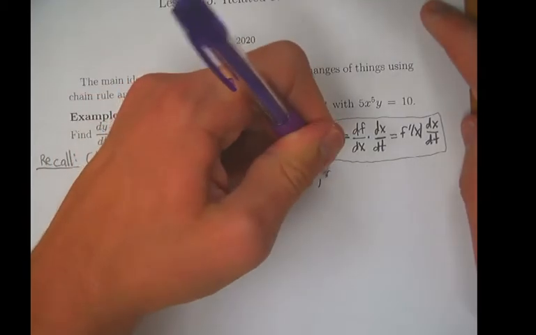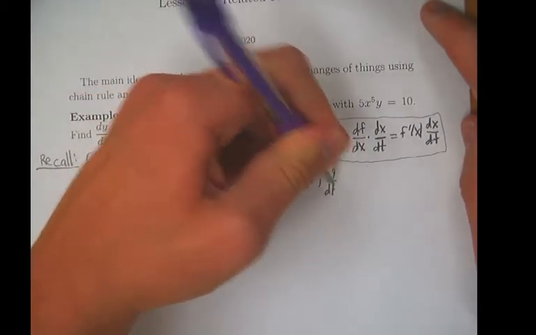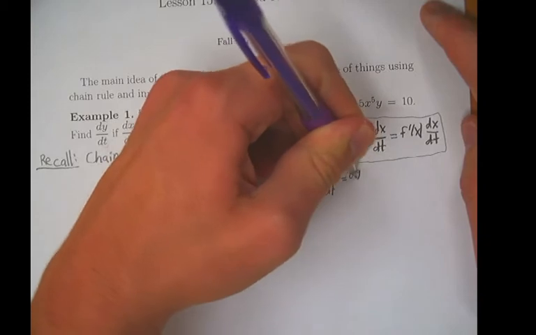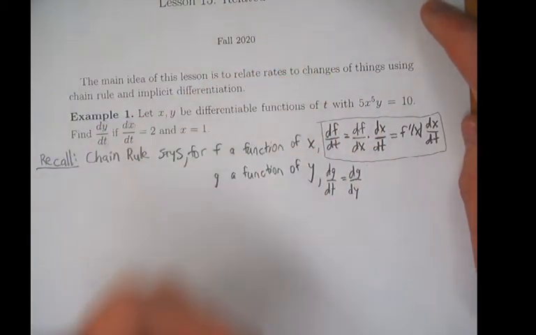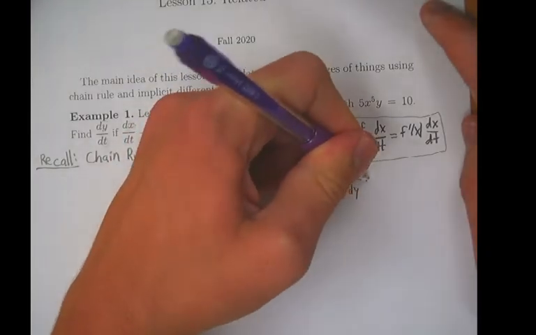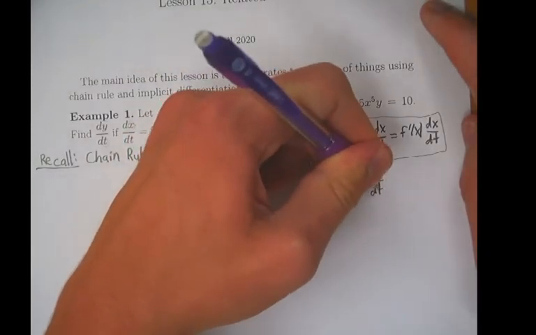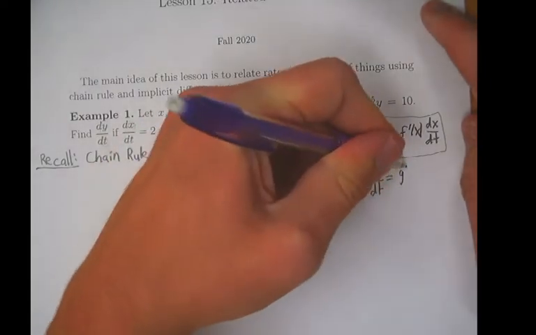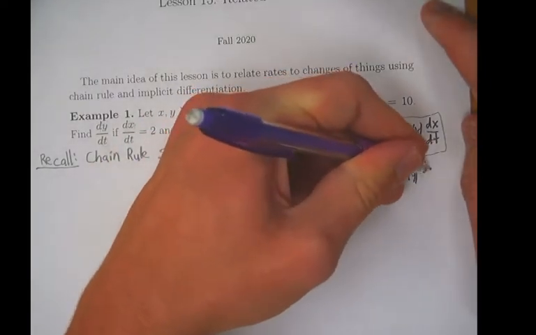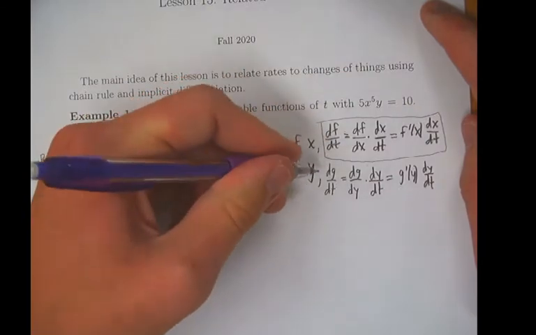So dg/dt equals dg over dy, because g is a function of y, times dy/dt. And similarly, this is g prime of y times dy/dt.